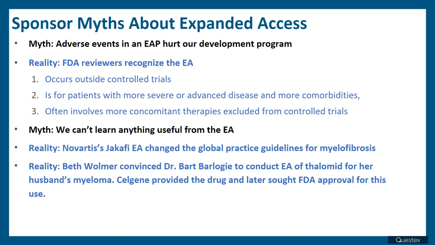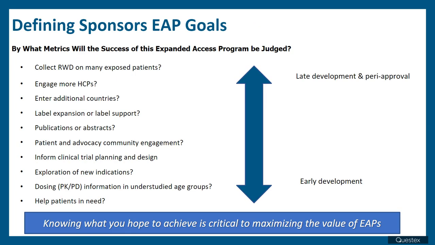It was actually the spouse of a patient with myeloma who had convinced a physician to do an expanded access after she'd heard a talk by Judah Folkman about the role of angiogenesis in cancer. So this was a motivated patient that really spurred an expanded access program, which led to the first approval for Celgene, which was in cancer. So I think that's a great story.